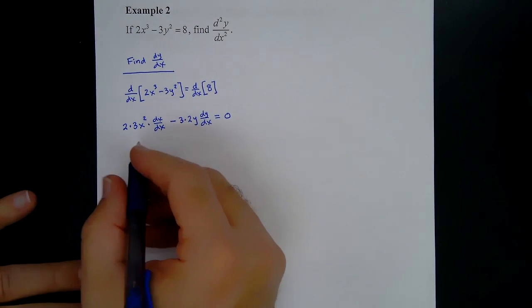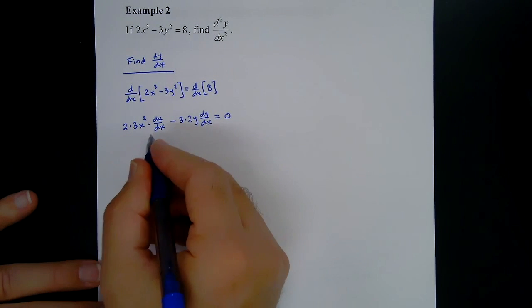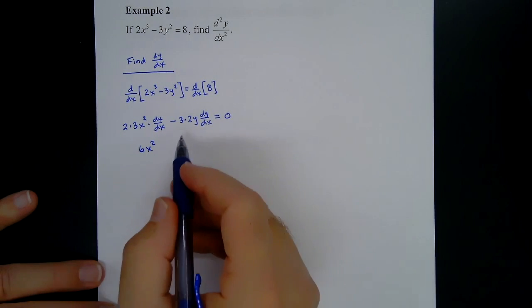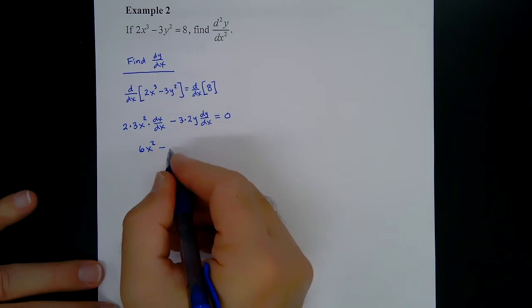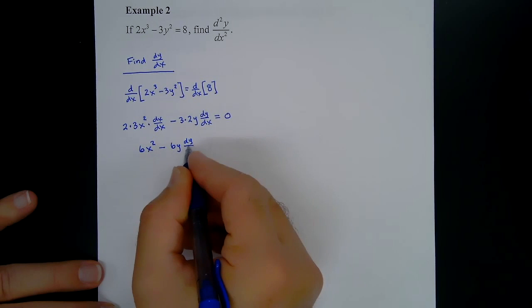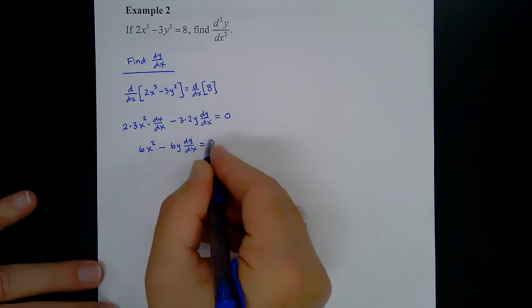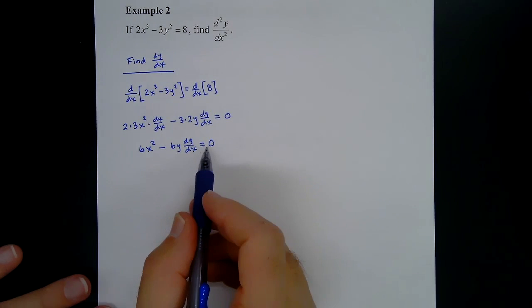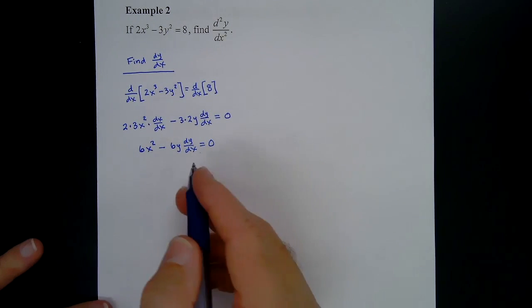So cleaning this up, this would be 6x squared minus 6y times dy over dx, and that's equal to 0. Since the dy over dx term is negative, I'm going to move that one over to the right-hand side. You wouldn't have to.